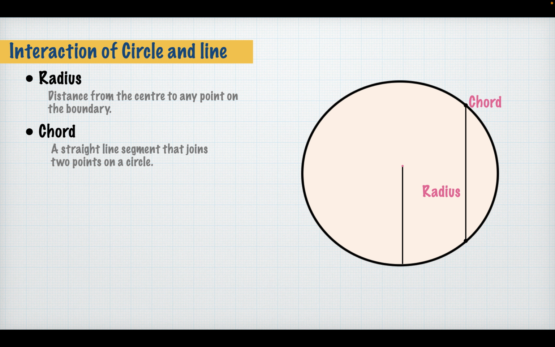Then we have secant. A secant is a line that intersects a circle at 2 distinct points. That means somehow you will have to draw a secant from outside the circle.